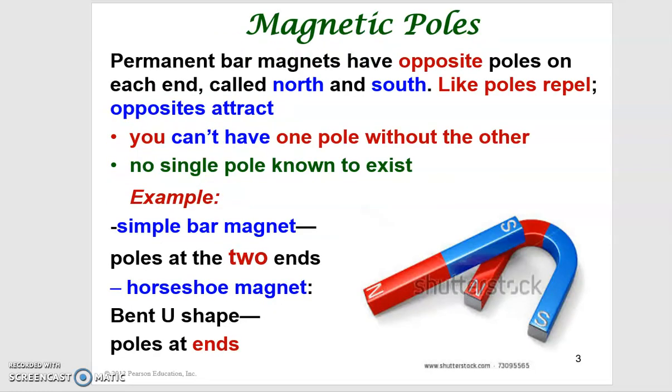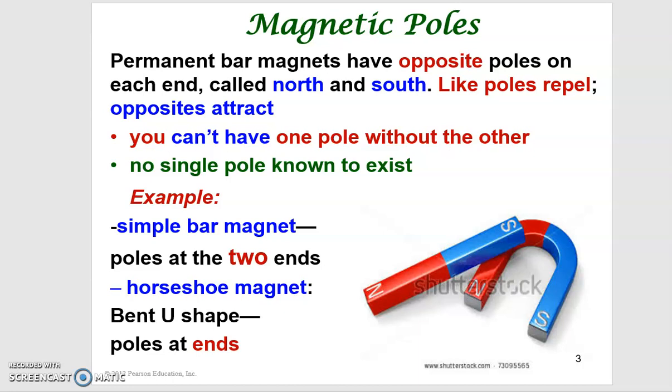So what are magnetic poles? If you look in nature, we have the so-called bar magnet or the horseshoe magnet. You will find that all magnets always have opposite poles on each end. And just by convention, we call one pole the north and the other pole the south.